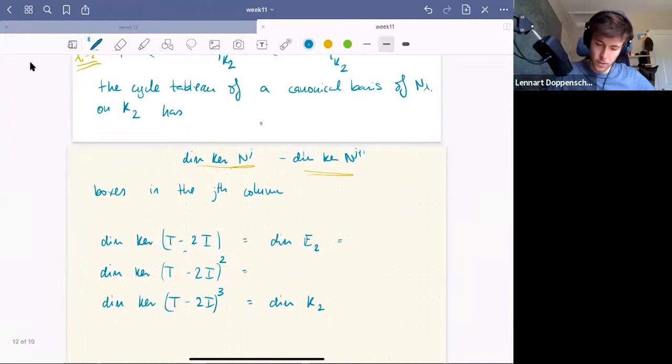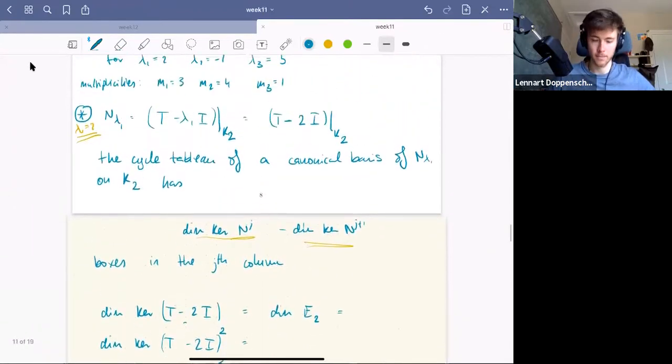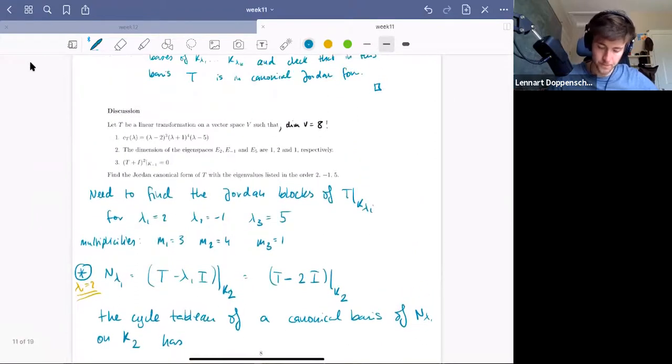Okay, so now we have to look at the exercise again and extract exactly these numbers. First we use that the eigenspace E2 has dimension 1, and we know that the generalized eigenspace K2 has dimension M2, which is 3.